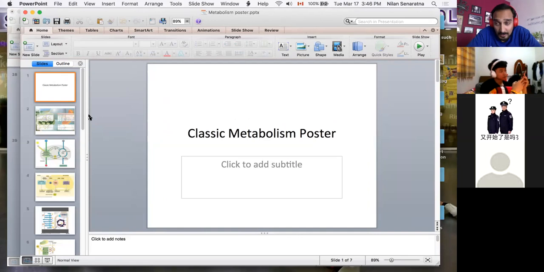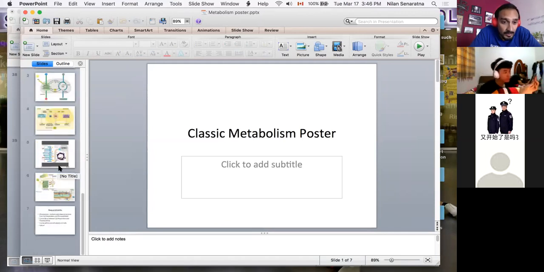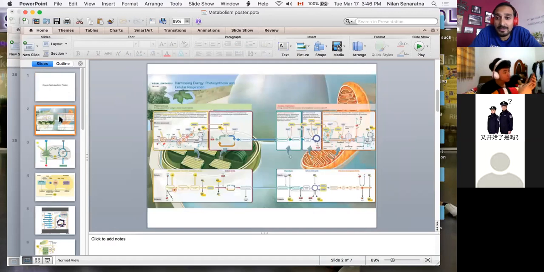The reason that you would do this is because it is an excellent way to go back through all of the different steps in cell respiration and in photosynthesis. And it also becomes an amazing resource for yourself for when it's time to study these things. At school, I have examples of past students' work.